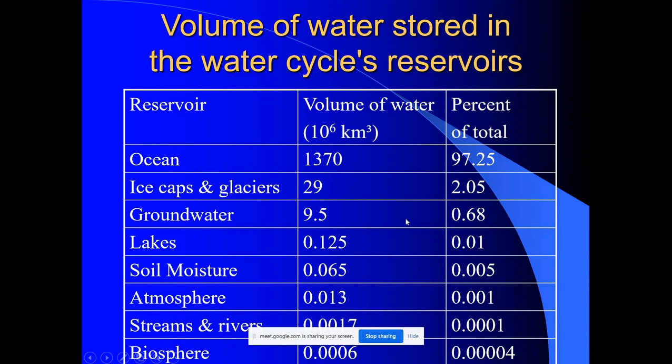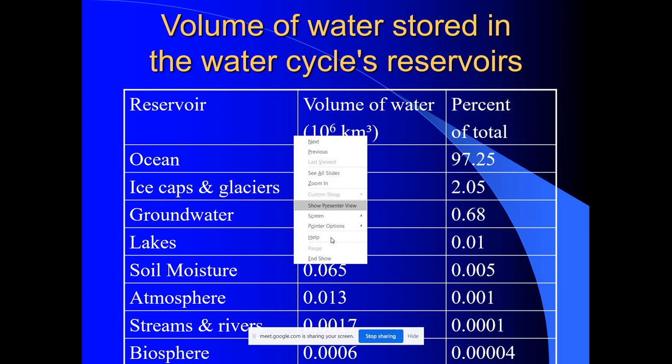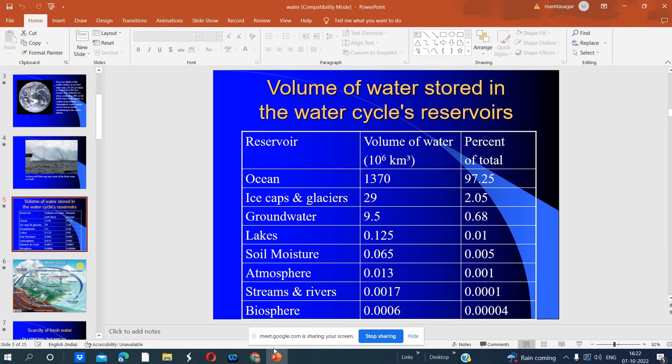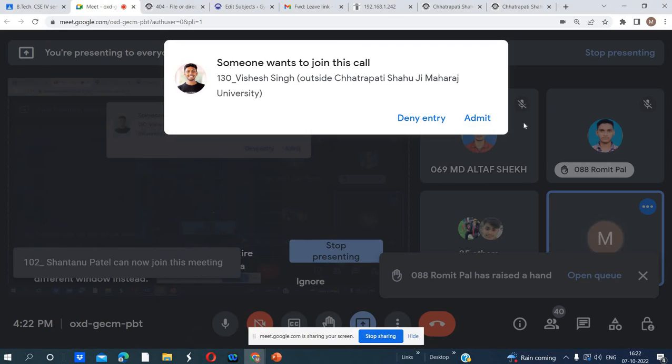It is clear from this table that there is no water scarcity on the earth. So we need to develop some method so that we can use the different types of water. Now it is too late.